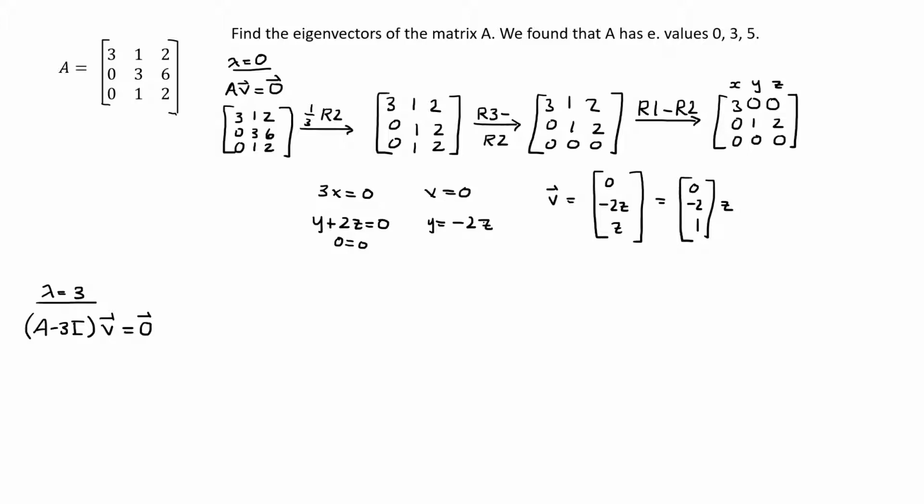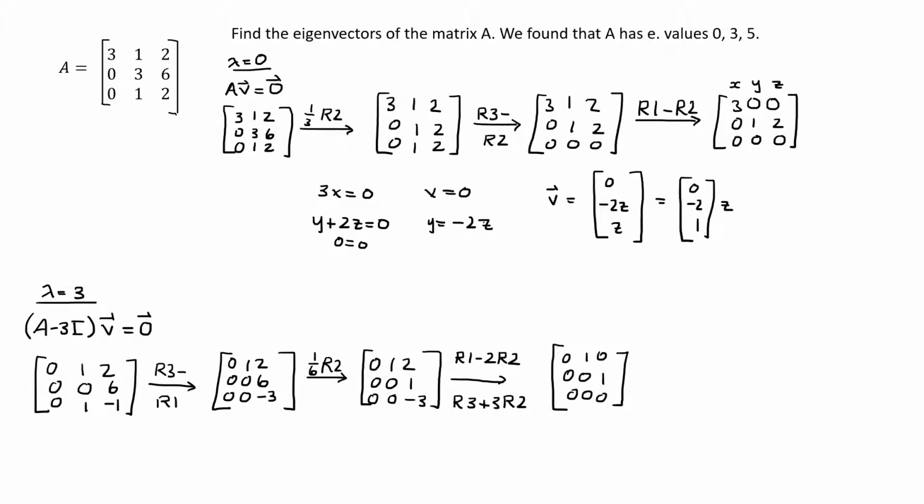So my matrix that I'm going to be row reducing is going to be 0, 1, 2, 0, 0, 6, 0, 1, negative 1. All I've done is I've subtracted 3 from the diagonal. Okay, and now we're going to take just a minute and row reduce.